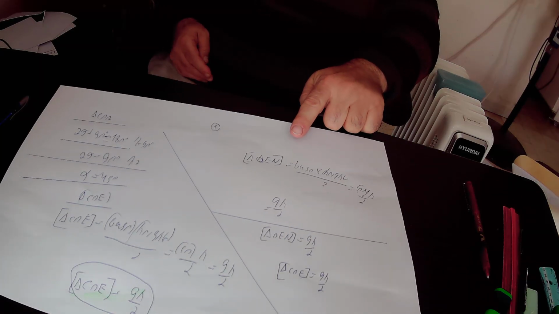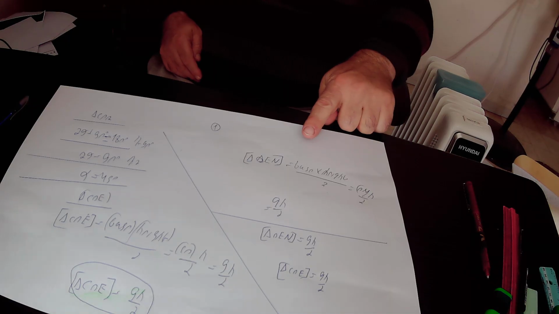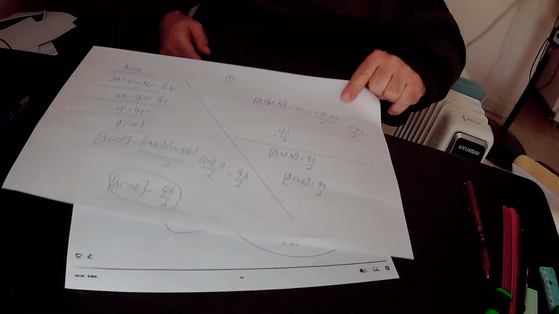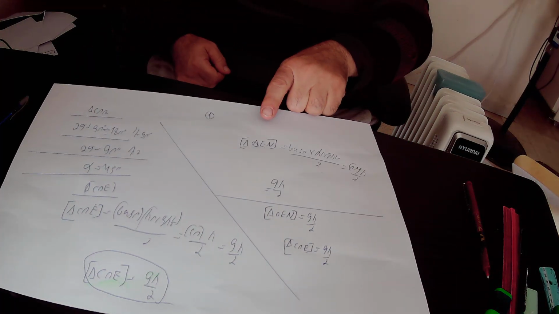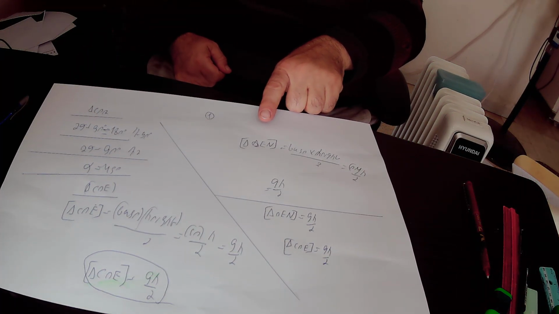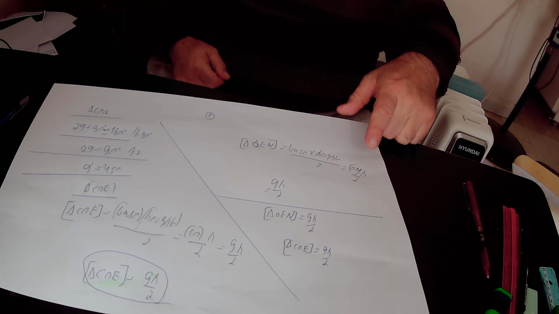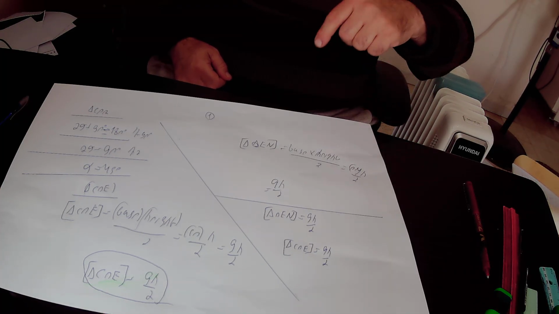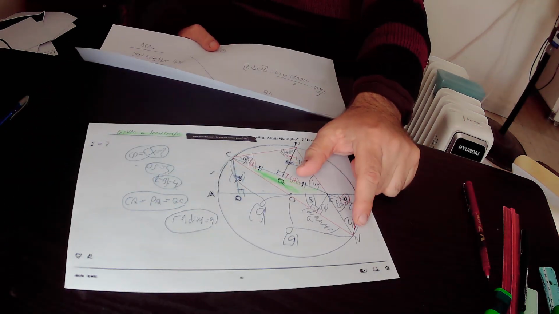So in total we found out that the area of the lower triangle OEN equals the base times the height over 2. The base is ON, the height is h over 2. ON is the radius of the circle, this equals 9.